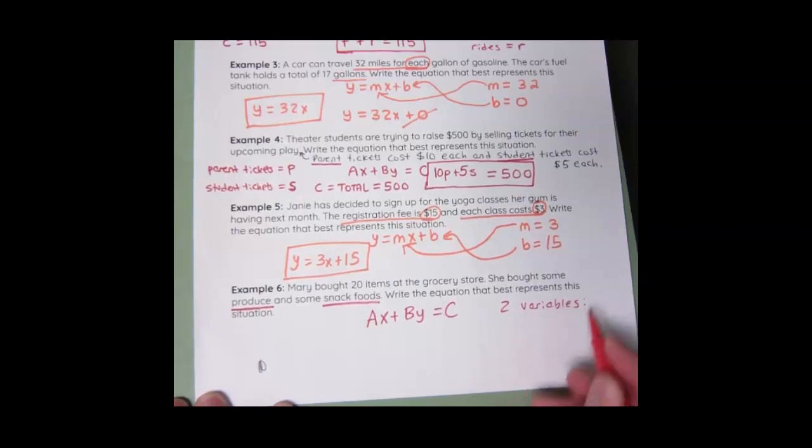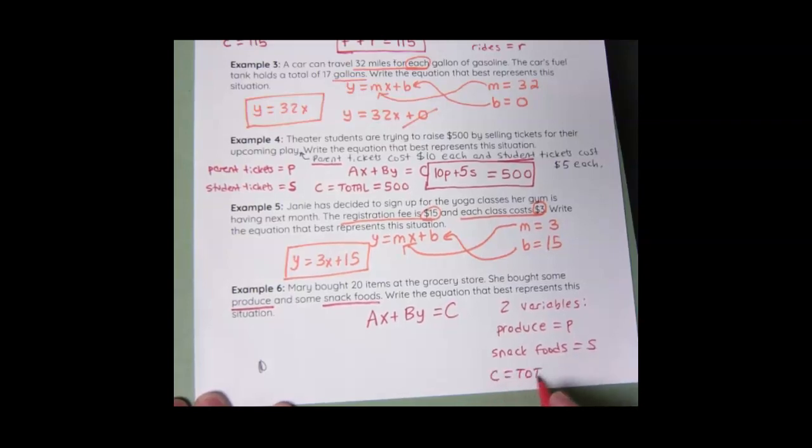We have produce, let's call it P. Snack foods, let's call it S. C is our total, which is 20. So we know that C will be 20, right? And we don't know how much produce or how many snack foods we're going to buy, so we're just going to say P plus S. We don't know how many, so we're just going to keep it as is. P plus S equals 20.